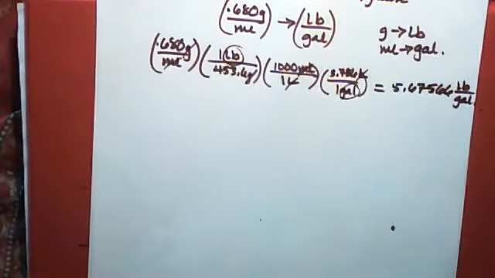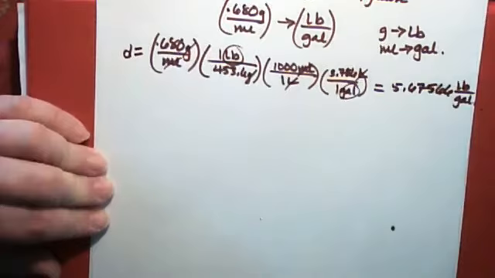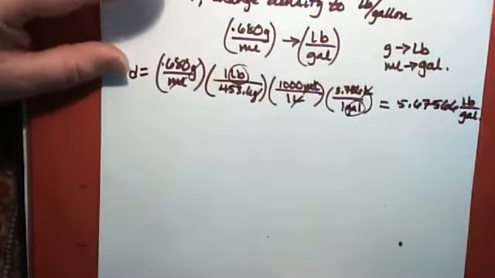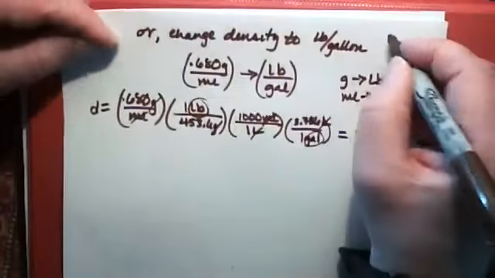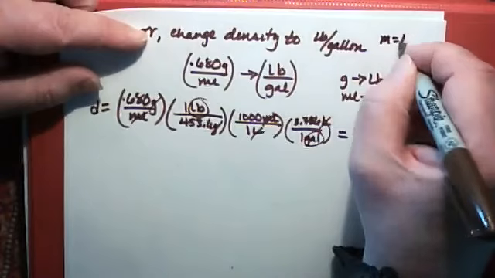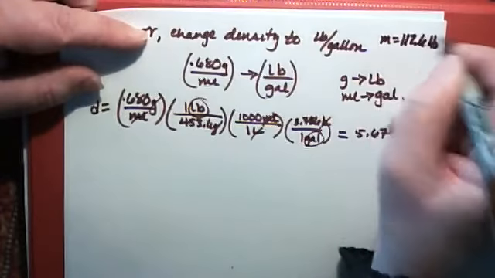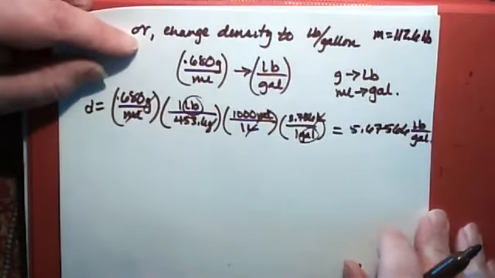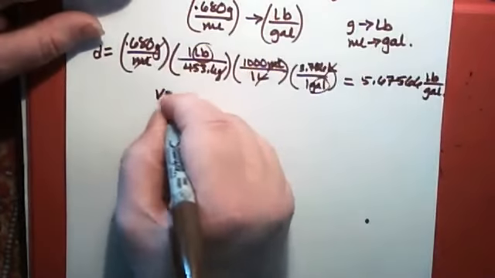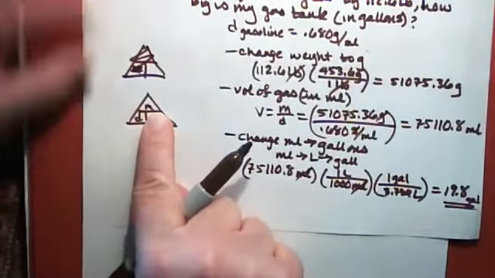Okay, so we've got the density. And in the problem, it said the increase in mass was 112.6 pounds. So we have the mass. What we're looking for is the volume. So looking at the triangle again, volume would be mass over density.